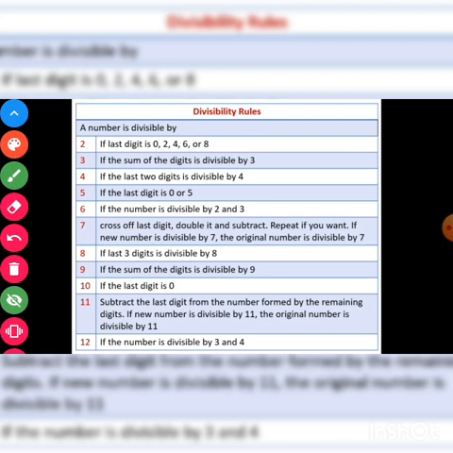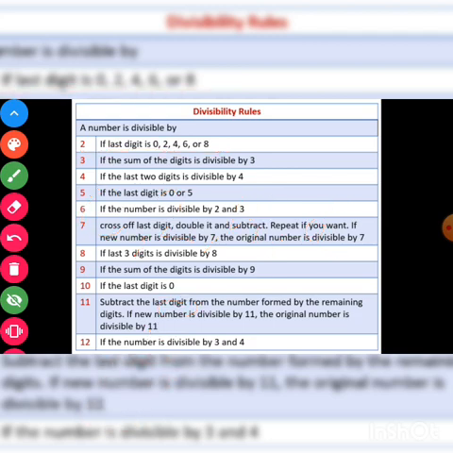For the divisibility test of 2, what we used to do is see the last digit of the number. If the number is ending with 0, 2, 4, 6 or 8, then they all are divisible by 2.